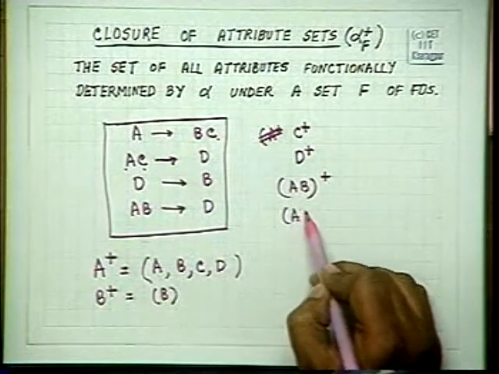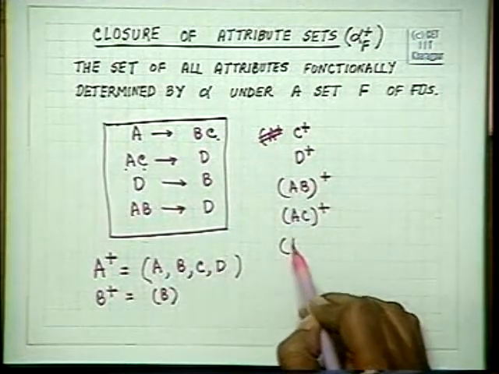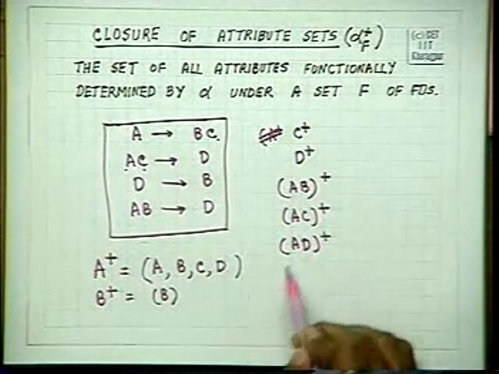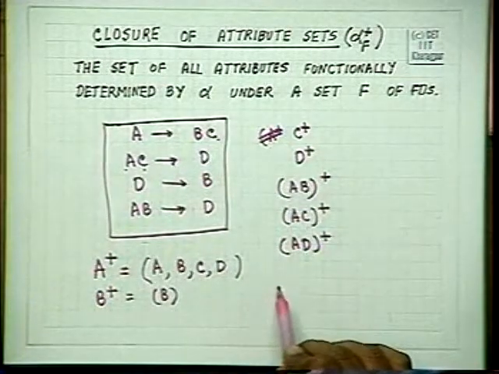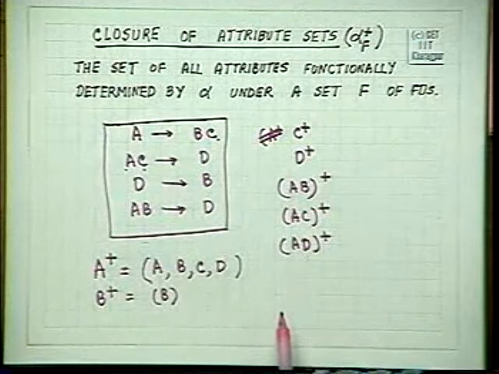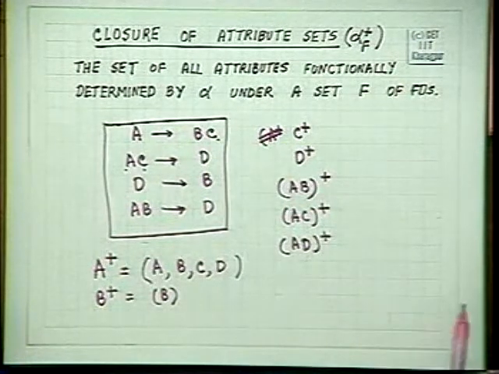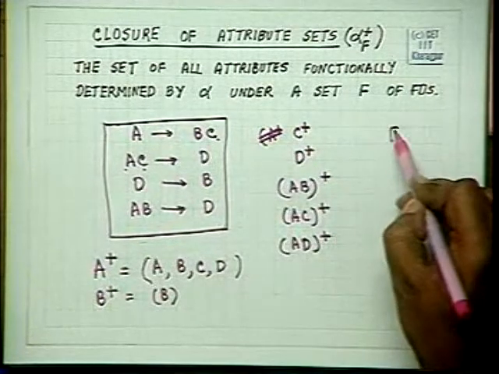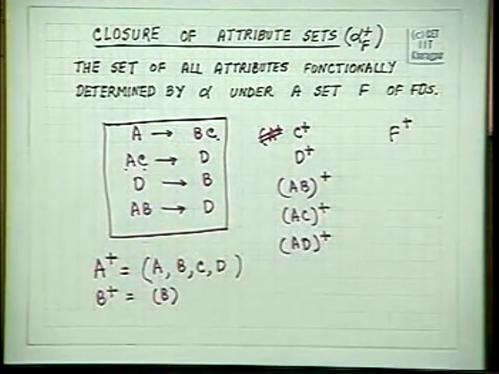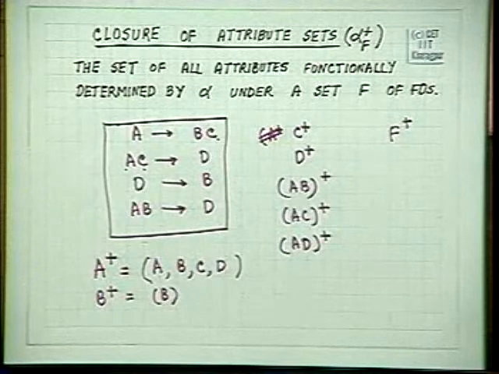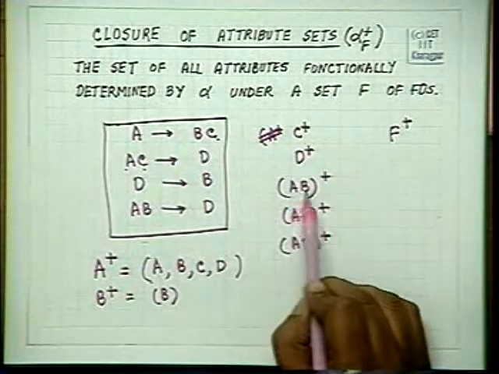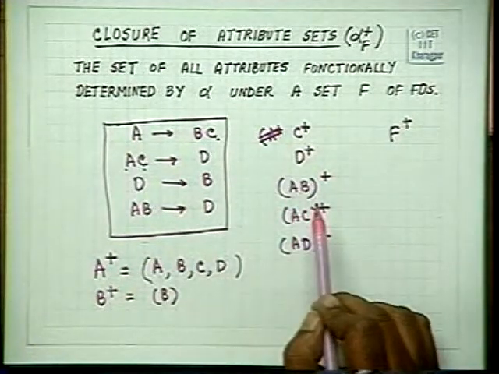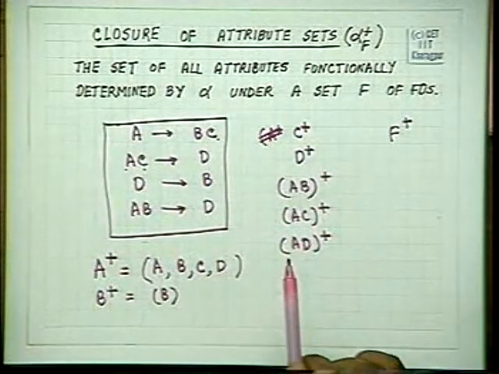You can compute AC plus. You can compute AD plus. Then BC, BD, all pairs of 2, all pairs of 3, all pairs of 4. And this way you can get the closure F plus also. Using the closure of the set of attributes, you can also get the closure F plus.